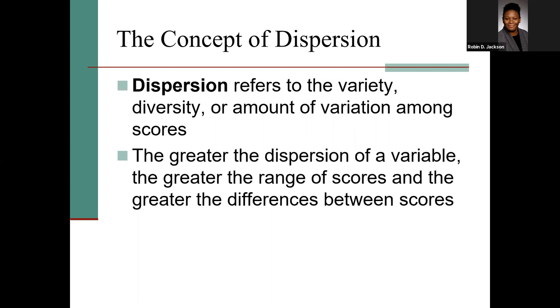Now, sometimes the measures of central tendency for different distributions won't provide information about the differences among those distributions. So measures of dispersion can tell us about some of those main differences, okay? So let me say that again in case you got a little mixed up.